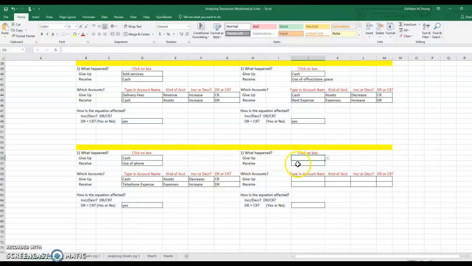Okay, so we gave up the fact that we sold services. We sweated. What did we receive? We did not receive cash. We received the fact that customers owe us. That customer legally owes us.